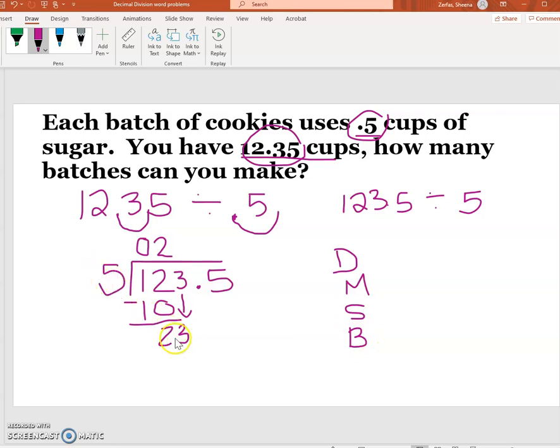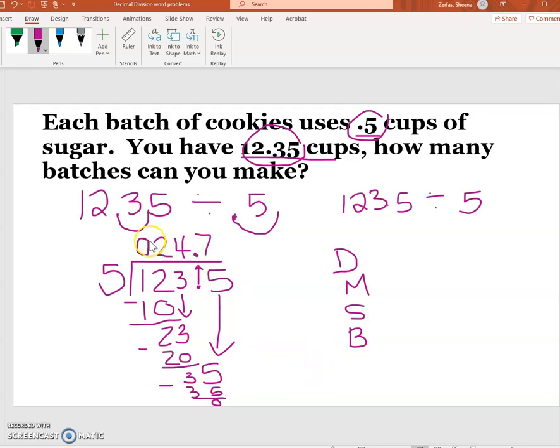5 can go into 23, 4 total times. 5 times 4, that's our multiply step. Next would be subtraction. I have one more number to bring down. 5 can go into 35 7 times, because 7 times 5 is 35, leaving me here with no remainder. When you're dividing with a decimal, if there's one here in the dividend, we're going to draw it right up.